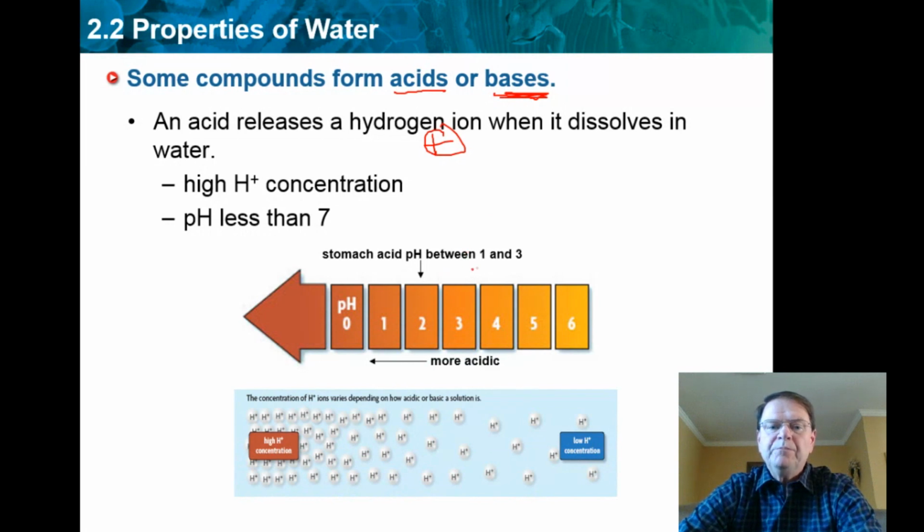So typically, pHs between 1 and 3 are going to be what we associate with what we find in your stomach. Very strong acids, such as hydrochloric acid, hydrofluoric acid, they're going to have a very low pH. And those that are not so strong, such as citric acid that we find in our fruits, they're going to be a little bit higher, closer to the neutral mark here.